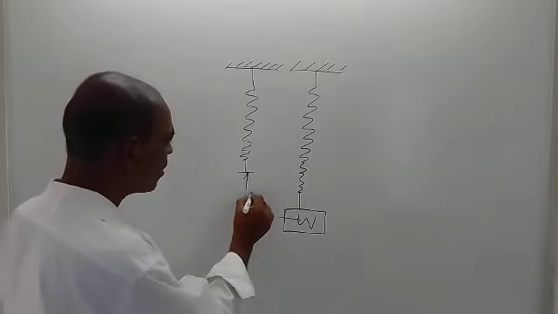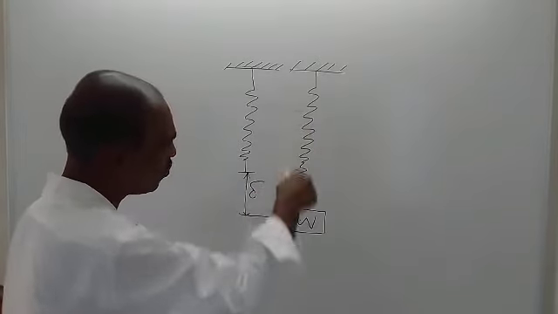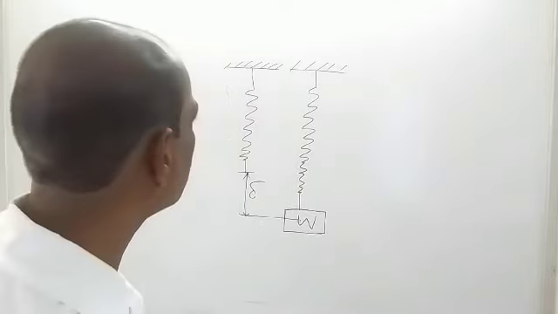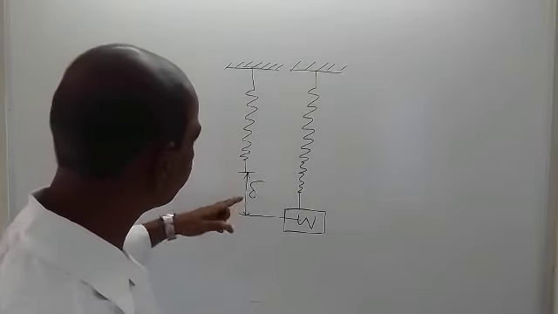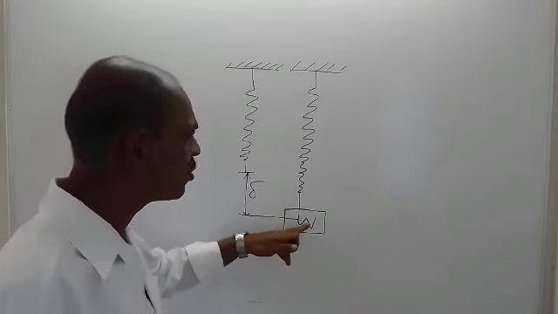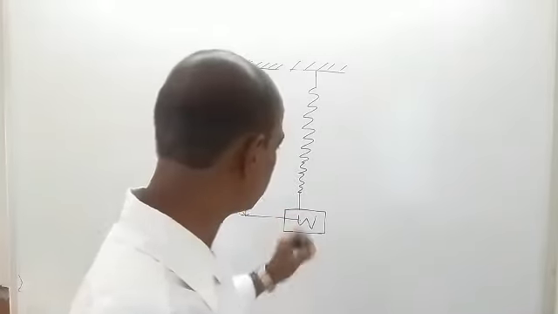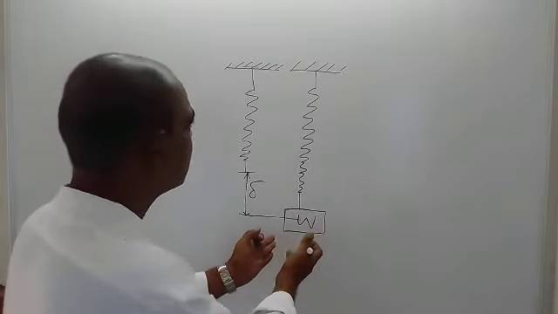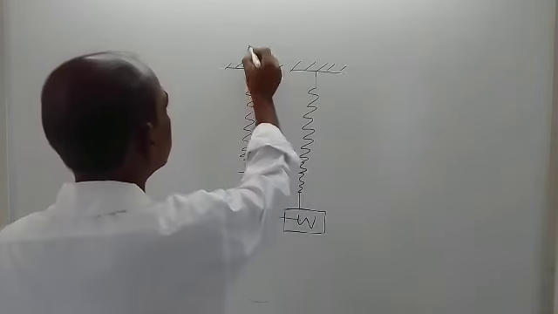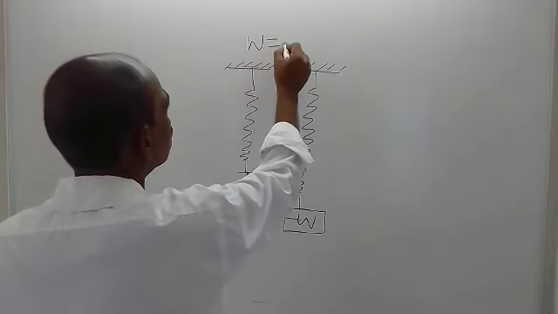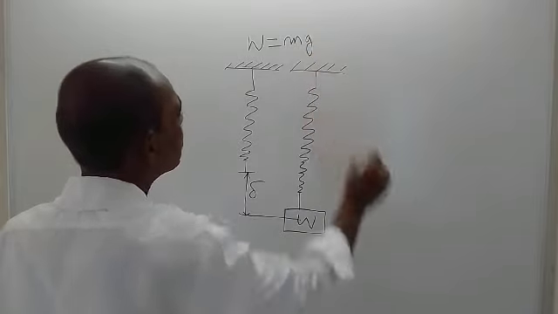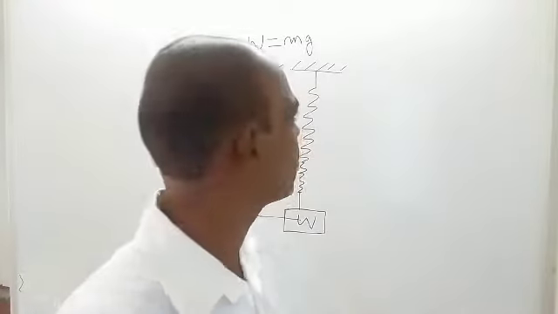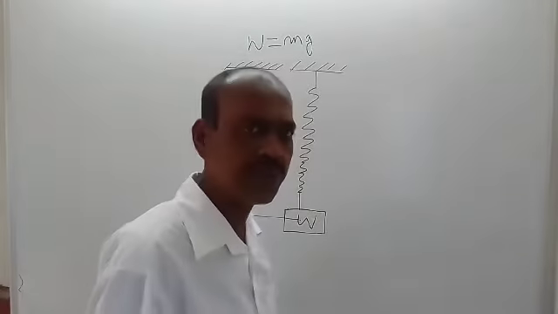Suppose this deflection of the spring, meaning elongation of the spring, is called here deflection. So the elongation of the spring is delta due to the attachment of this weight W. If M be the mass of this weight, then W is equal to M into g. g is the acceleration due to gravity, in SI unit the value is 9.81 meter per second square.